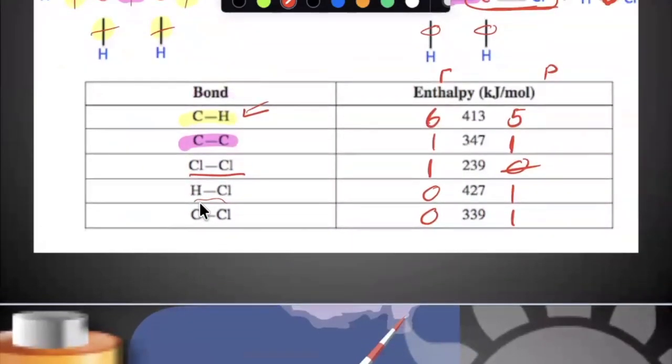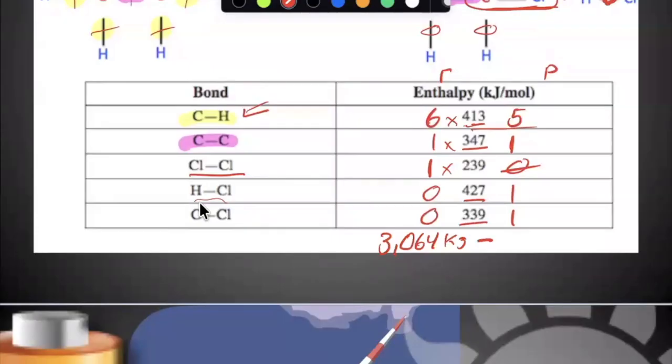Okay, and then from there, what I'm going to do is just add 6 times 413, 1 times this, 1 times that. And then 6 times 413 plus 1 times 347 plus 1 times 239 is going to be 3,064 kilojoules, minus my products, which is 5 times 413 plus 347 plus 427 plus 339.